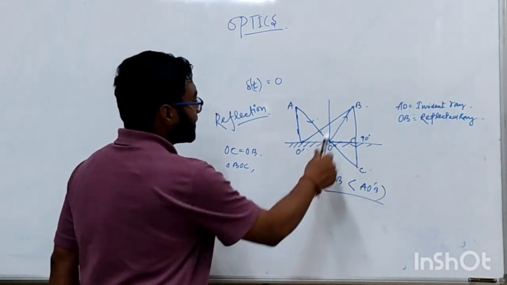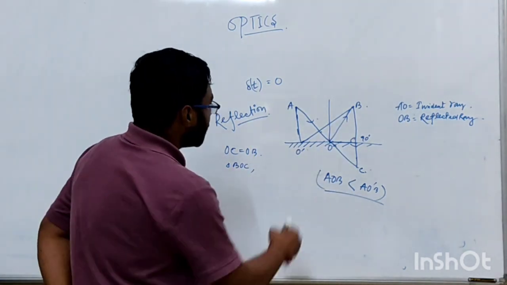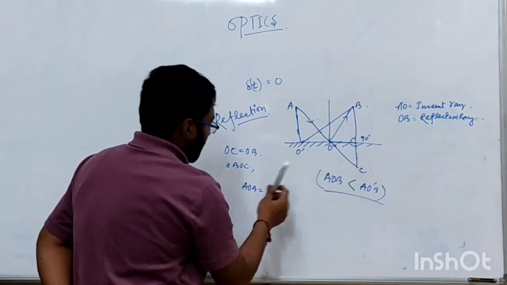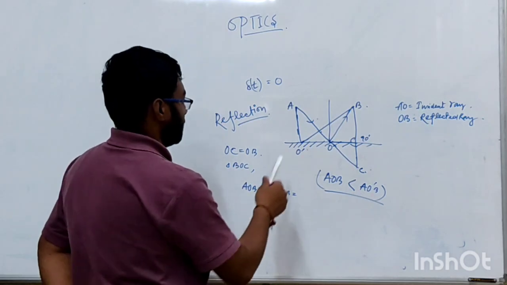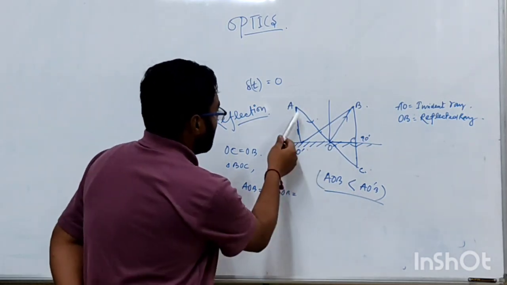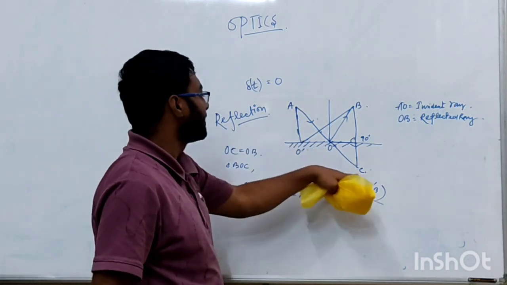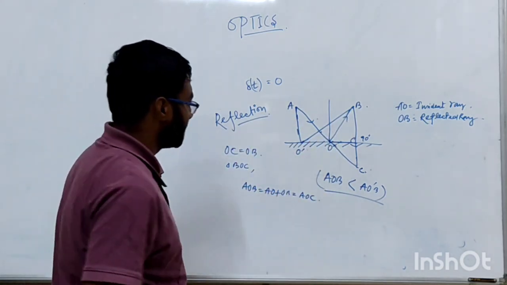So we can say that these two triangles are congruent. So we can write AOB equals AO plus OB equals AO plus OC, as OB equals OC, which is AOC.